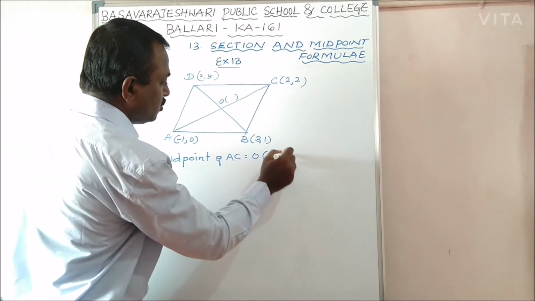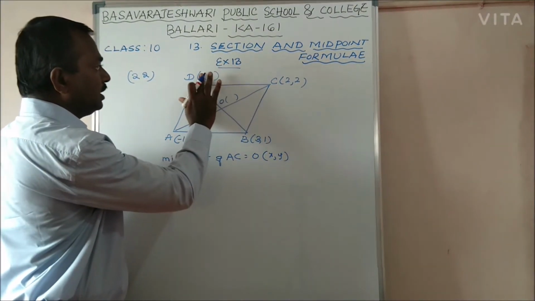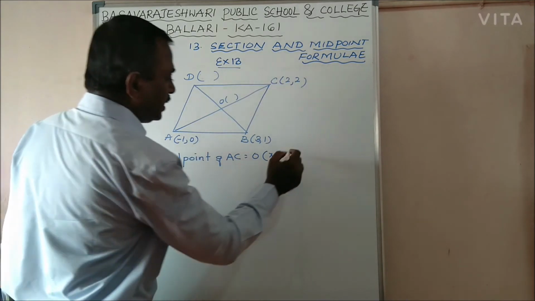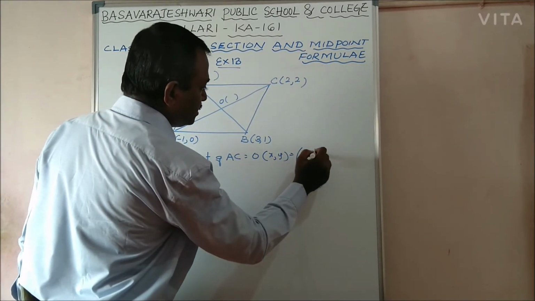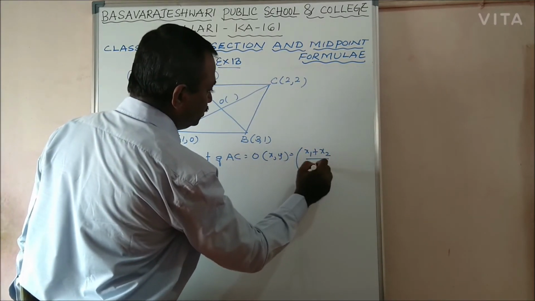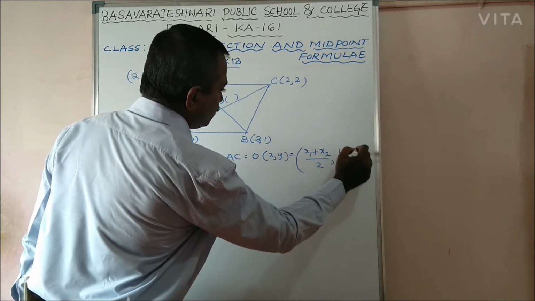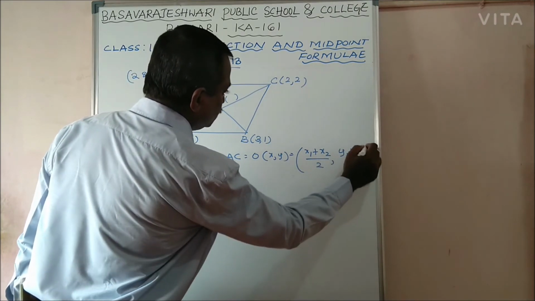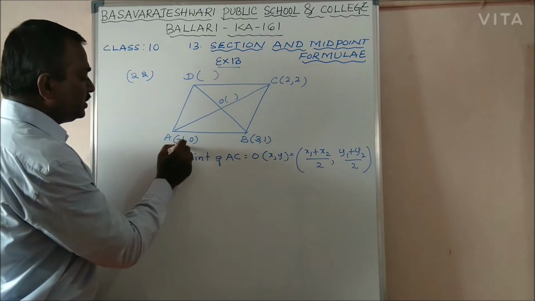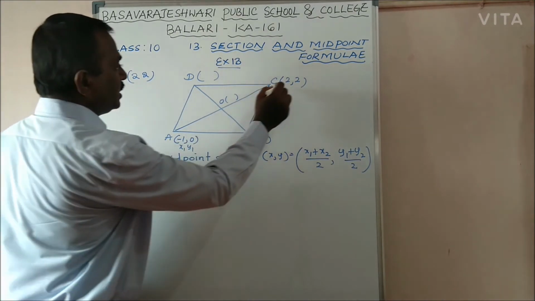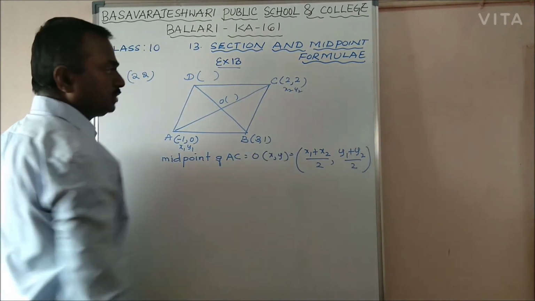So you can take this coordinate as (x, y). That is ((x1 + x2)/2, (y1 + y2)/2). So this is (x1, y1), this is (x2, y2). Correct?